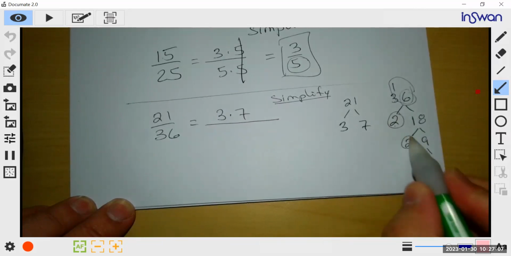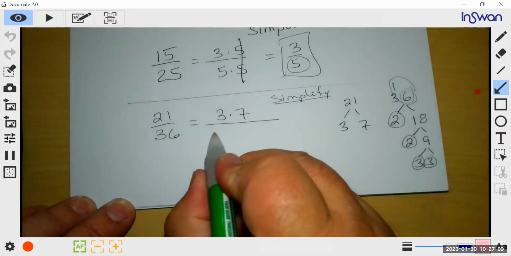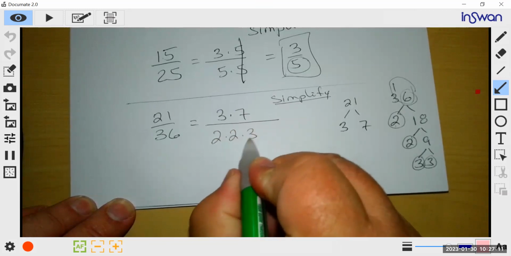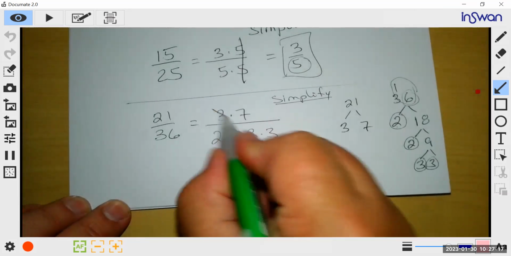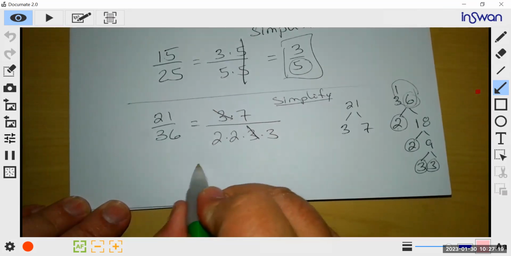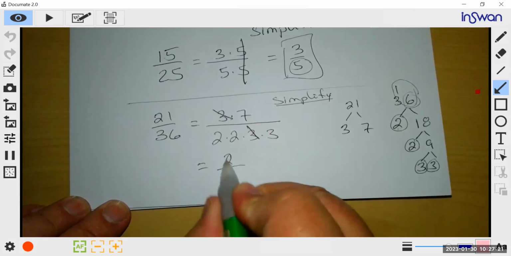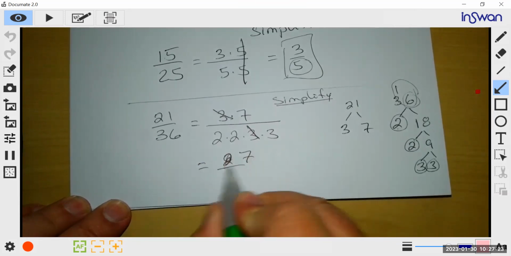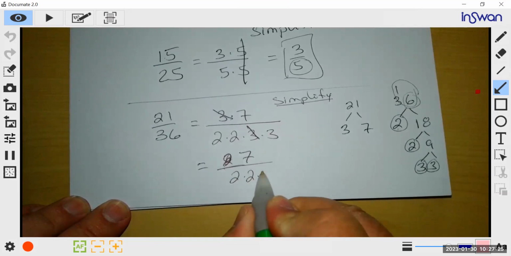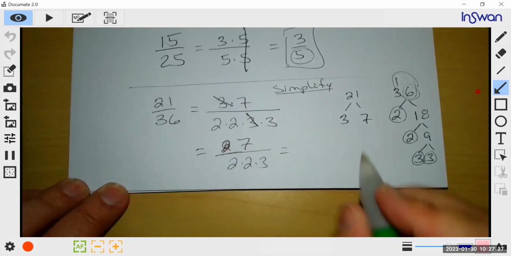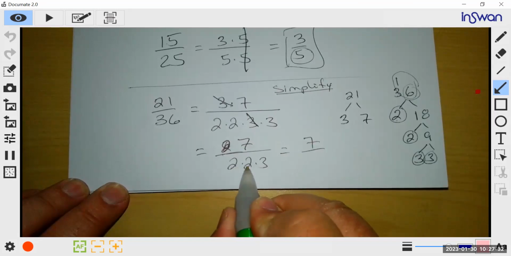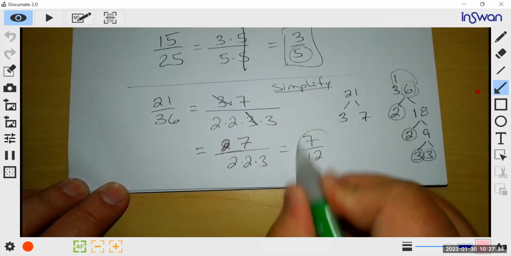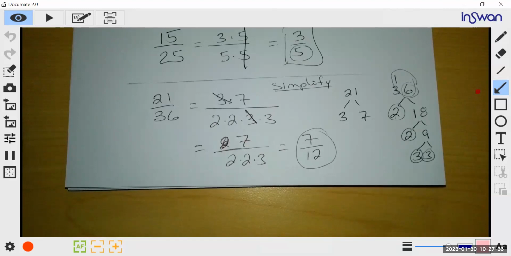So it's made up of 2 times 2 times 3 times 3. These threes cancel. So the final answer is 2 times 2 is 4, times 3 is 12. That's as far as you can go in that equation.